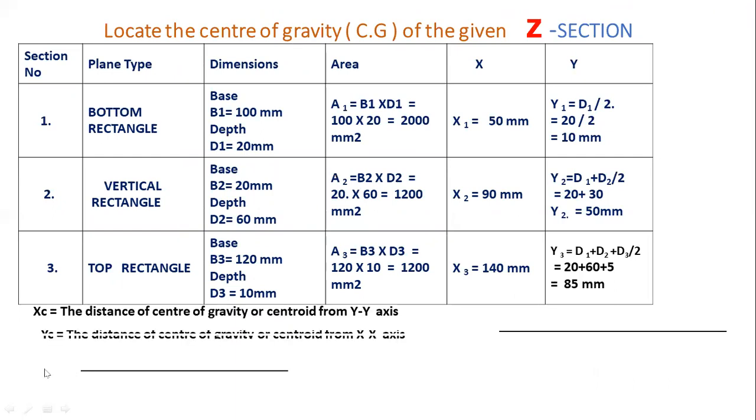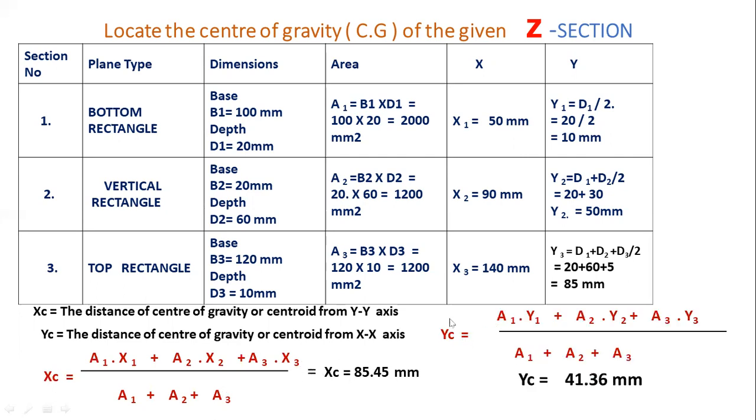Already we know that xc is the distance of the centroid of the entire Z section from the y-axis. Here xc equals 85.45, and yc is the distance of the centroid of the entire Z section from the x-axis. yc equals (a1 y1 plus a2 y2 plus a3 y3) by (a1 plus a2 plus a3). Here yc equals 41.36 mm.